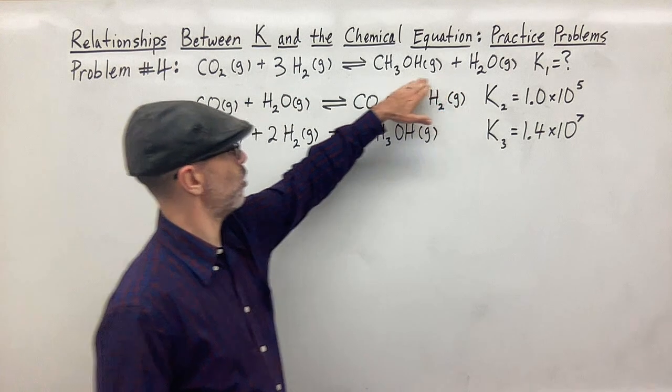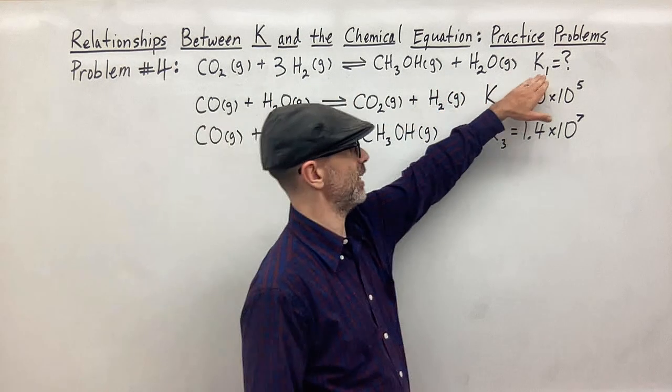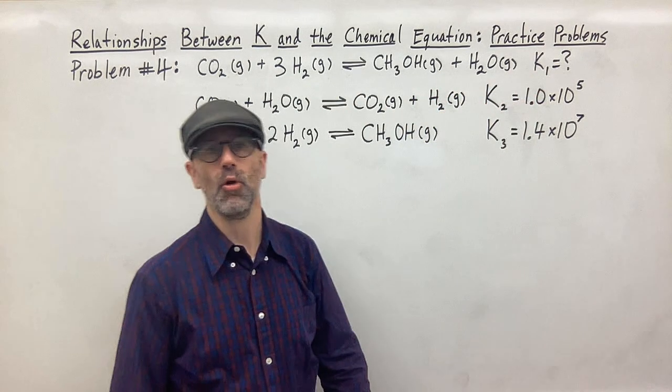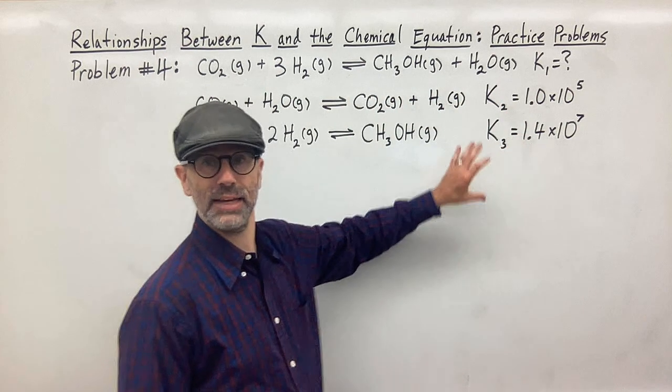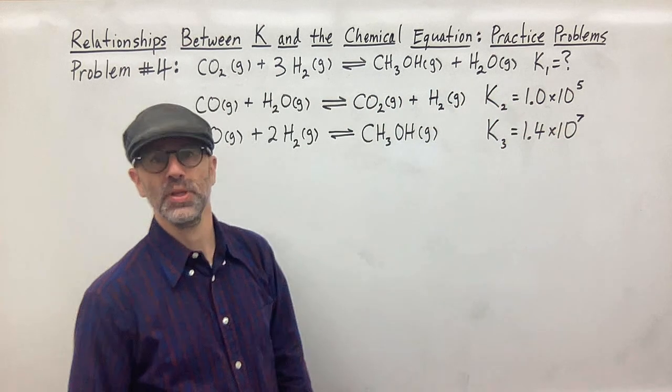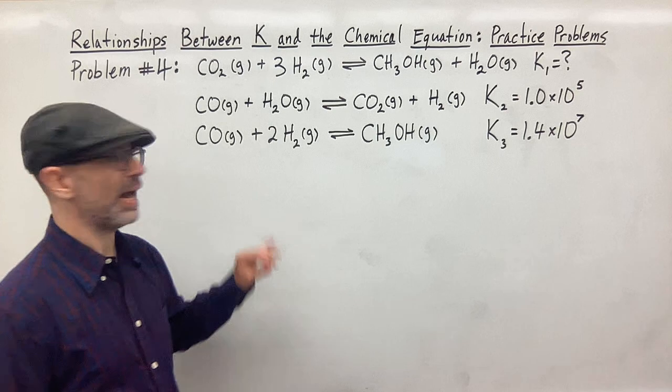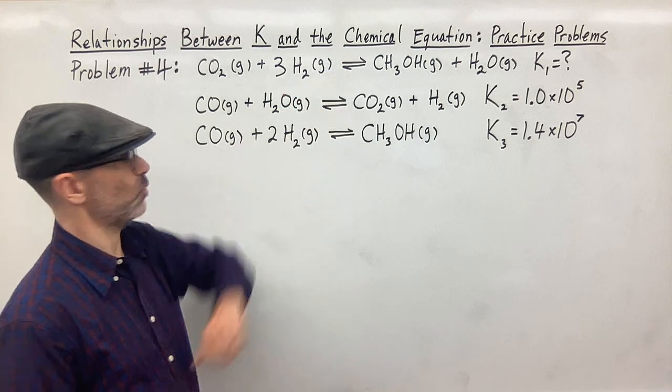This is the one equation that we're trying to find the equilibrium constant for. And we're given these two to work with, and they give us the K values for these two. So we've got to figure out how these two are related to this one.